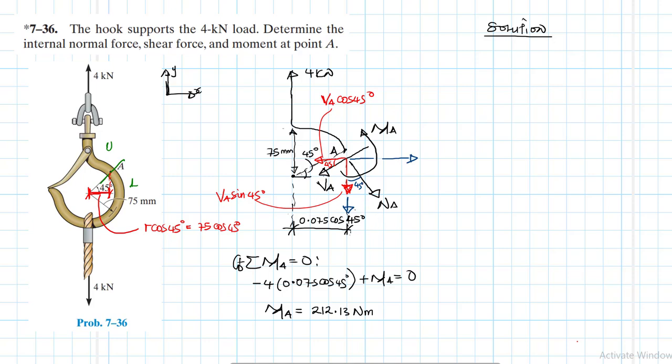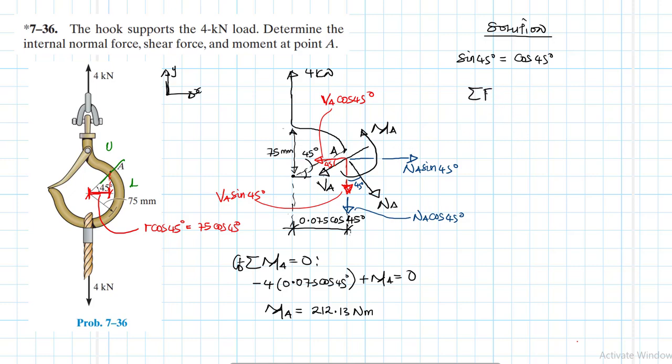Therefore this becomes NA cos 45 degrees, and this one becomes NA sine 45 degrees. We know that sine 45 is equal to cos 45.